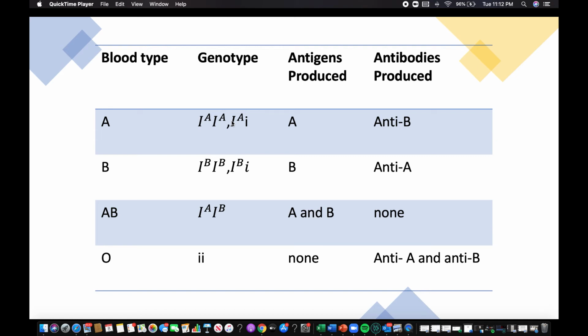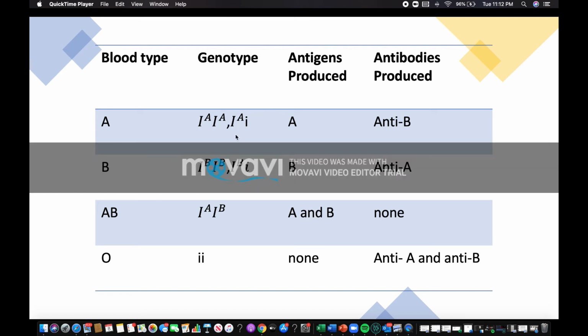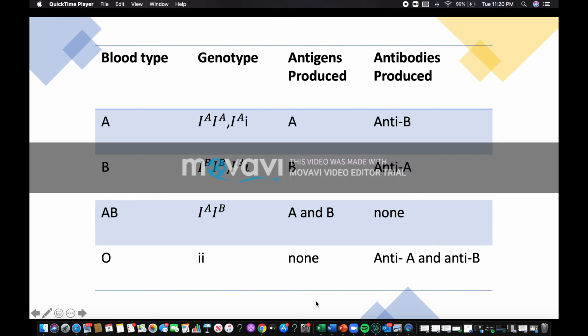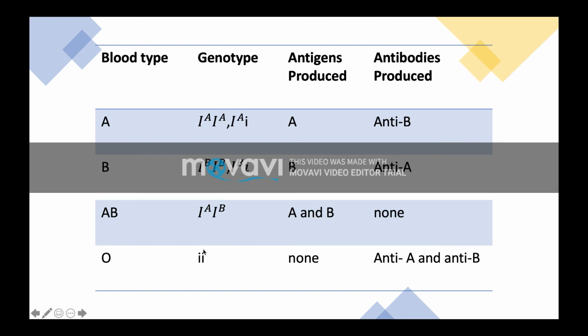If the A allele over here is presented on one chromosome and the B allele is presented on the other chromosome, this person is considered to be AB blood type. The O allele is recessive to both A and B alleles and is represented with a lowercase i, which is here.